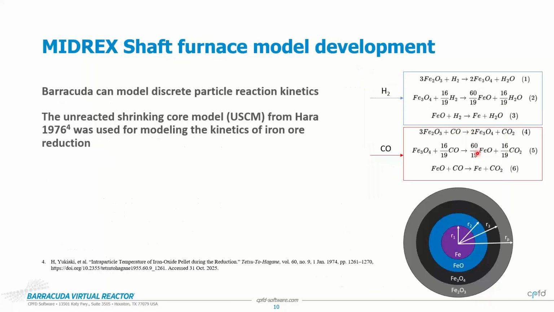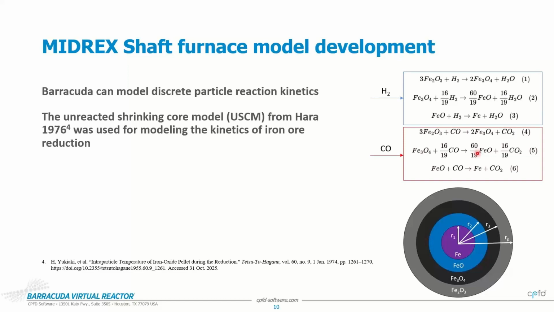All right, talking about reaction kinetics, one of Barracuda's capabilities is modeling discrete particle reaction kinetics. That means modeling the kinetics of an individual particle or pellet. For this particular application, we use the unreacted shrinking core model from literature. This comes from a paper back in 1976 by H₂-DRI.